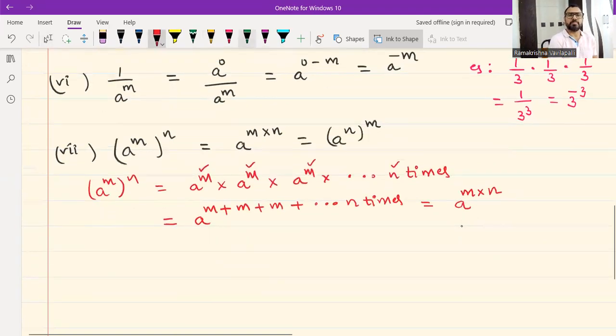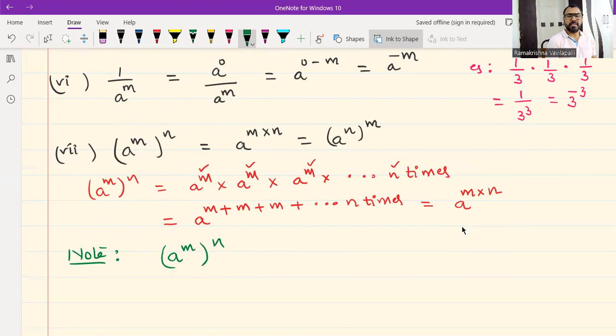Remember, this is not the same as a to the power of m power n. So note, a to the power of m whole power n is not the same as a to the power of m power n. Both are quite different. You can see through an example. 2 square whole cube is nothing but 2 to the power of 2 into 3, 2 to the power of 6.